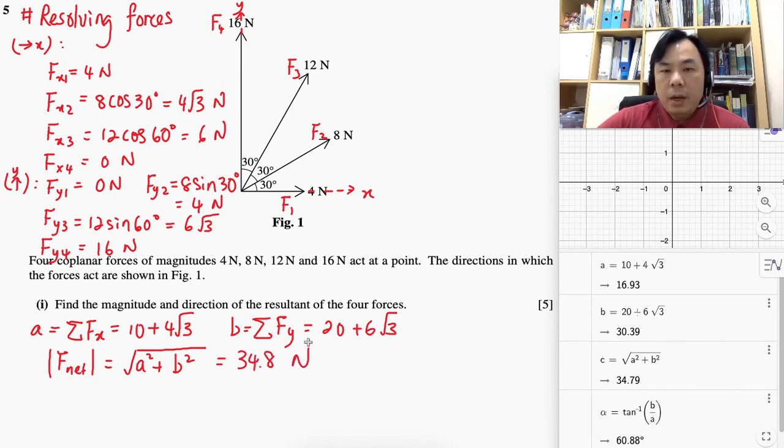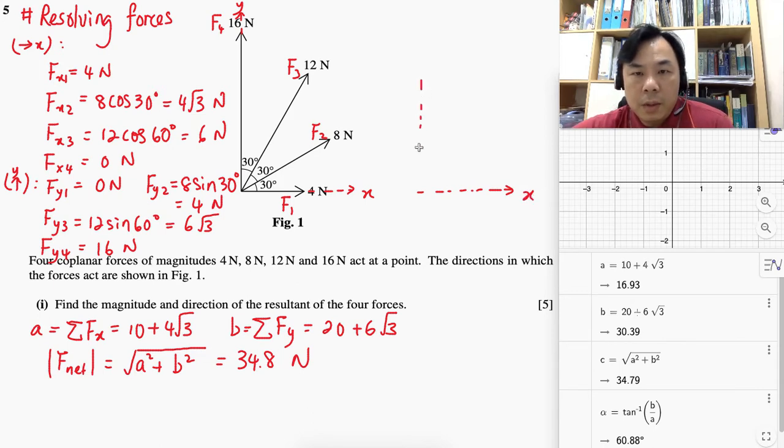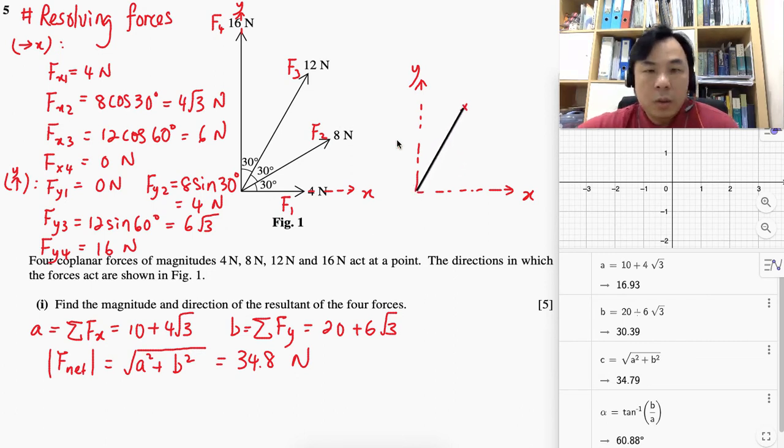And then the same result here. We can label this as X and this as Y one more time, and you will notice that the resultant force would be something like this, just like before. So I just relabel that one more time.